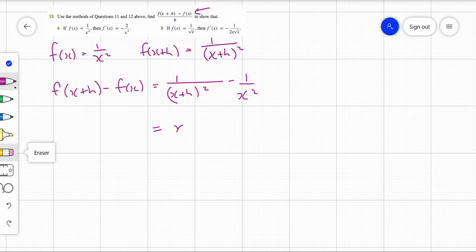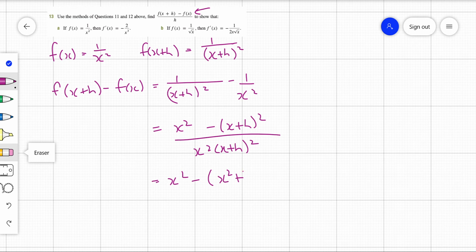So making a common denominator there, you will get x squared times (x plus h) all squared as our denominator. So what are we going to get at the top? We're going to get minus 2xh minus h squared there, all over x squared (x plus h) squared.